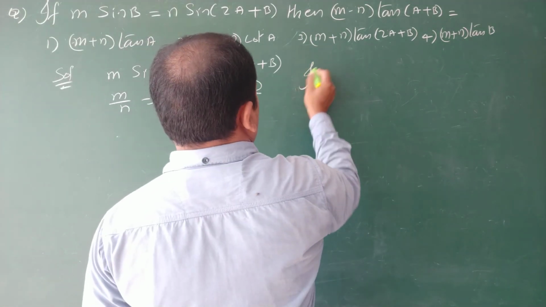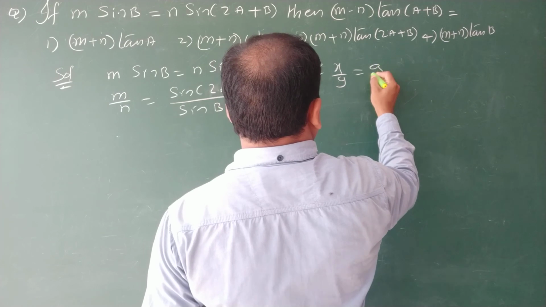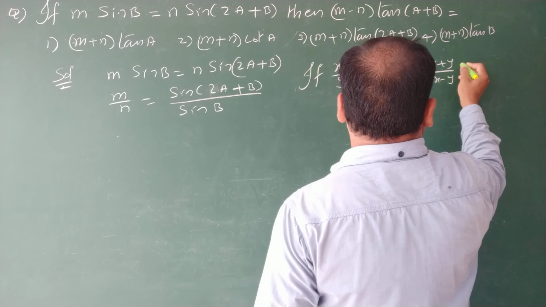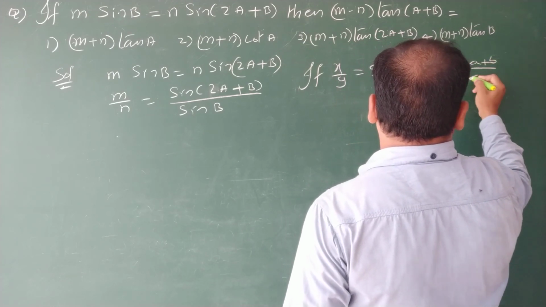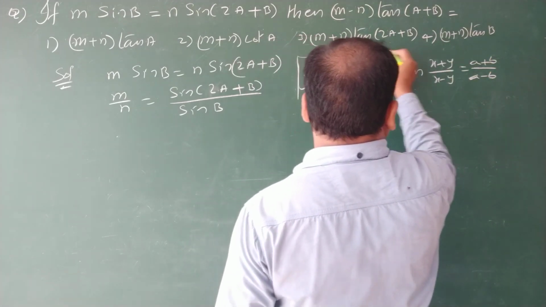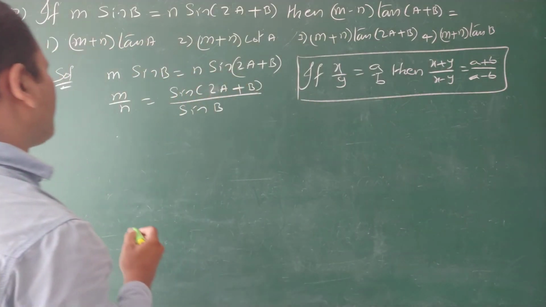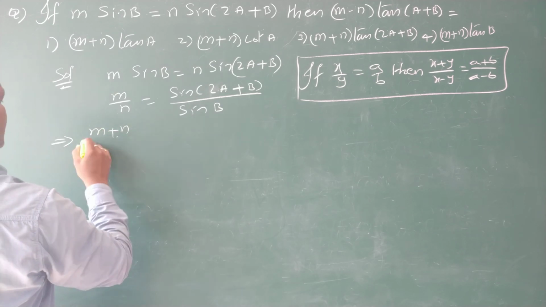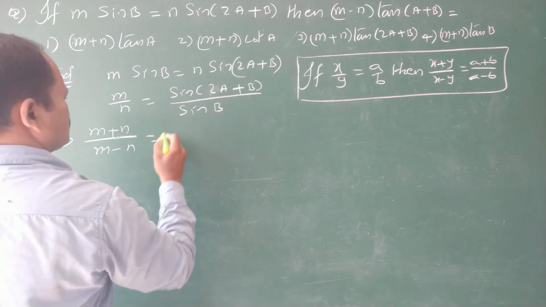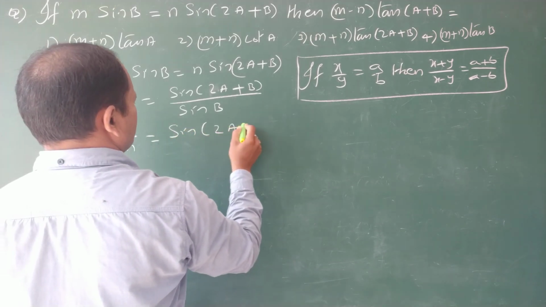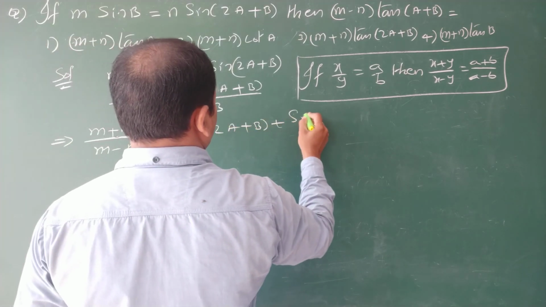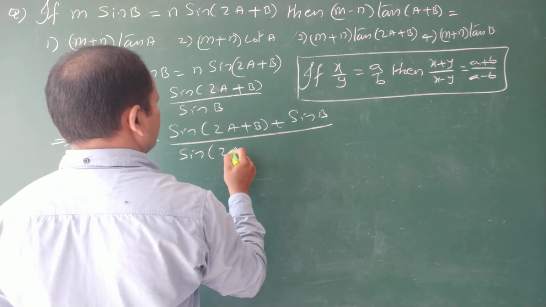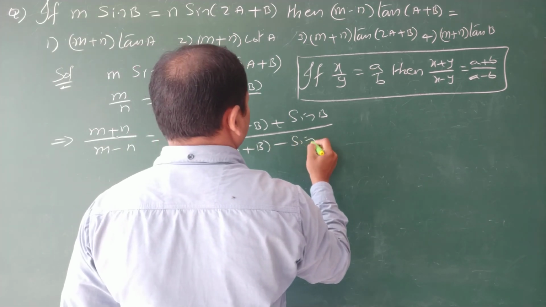Then m plus n by m minus n is equal to (sin(2a plus b) plus sin b) by (sin(2a plus b) minus sin b).